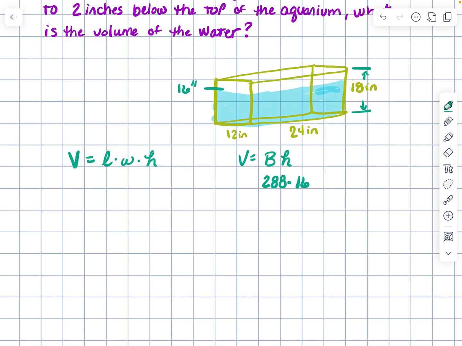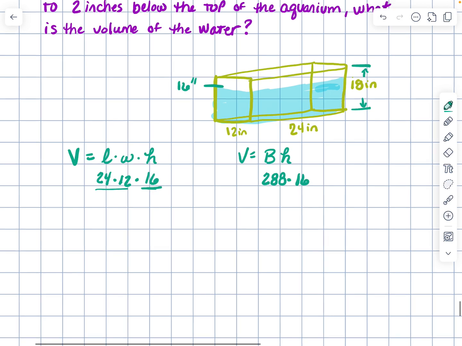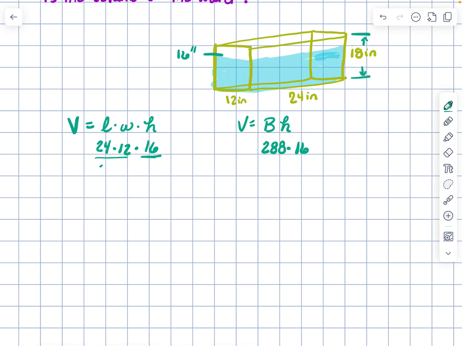So this is going to be 24 times 12. I think I may have written this the other way, but it doesn't matter because of the commutative property. And so 16 instead of 18. So again, 24 times 12 is 288, and now we just have to figure out 288 times 16.